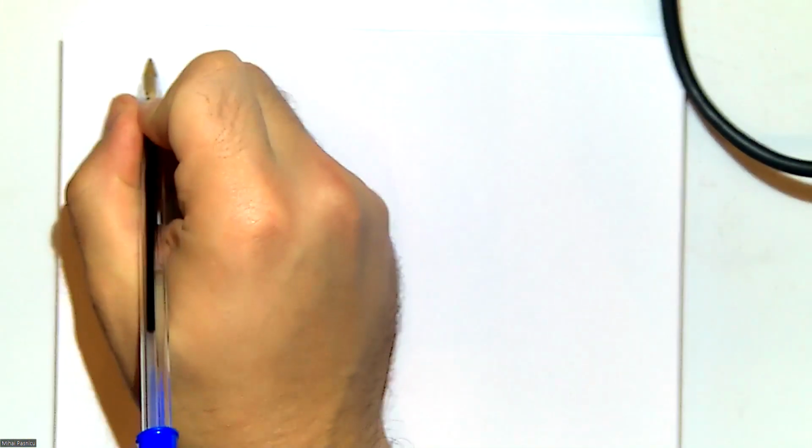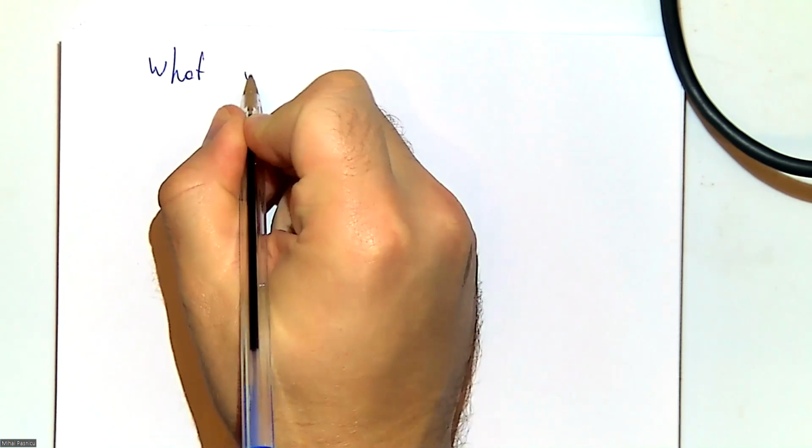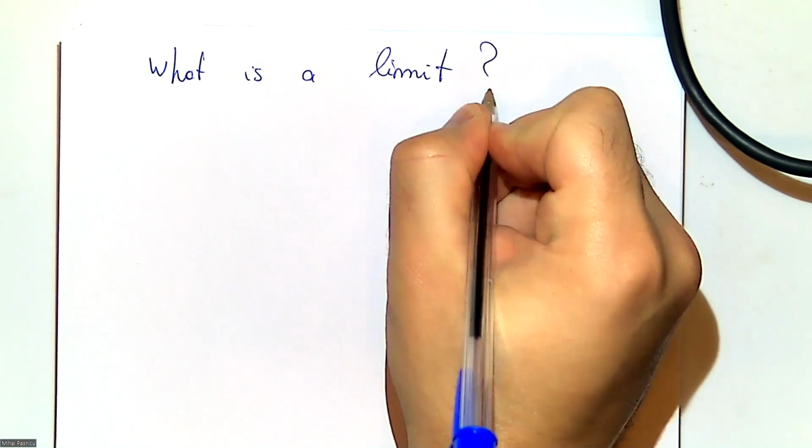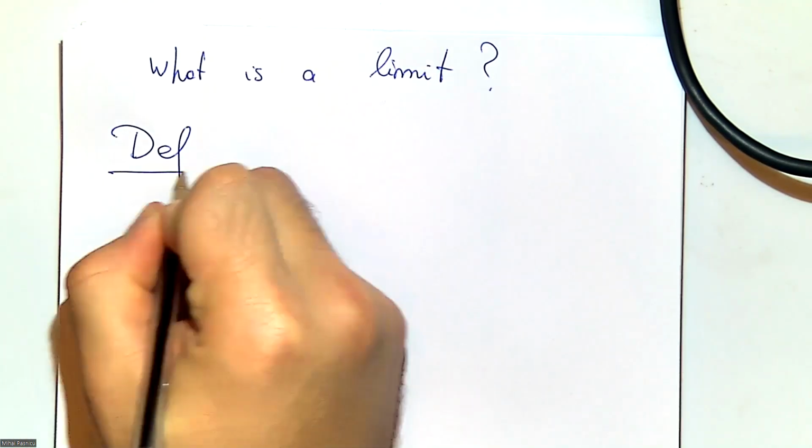Okay. So, let's just start with what a limit is. What is a limit? The formal definition sounds like this.